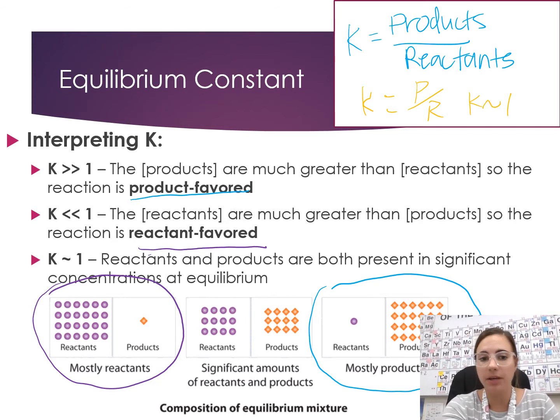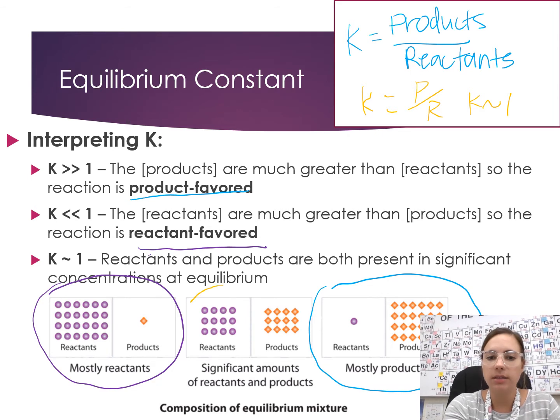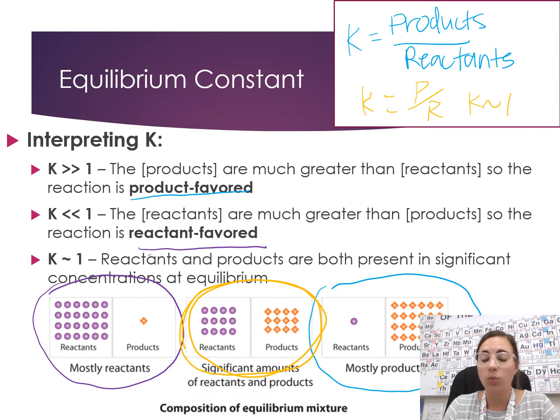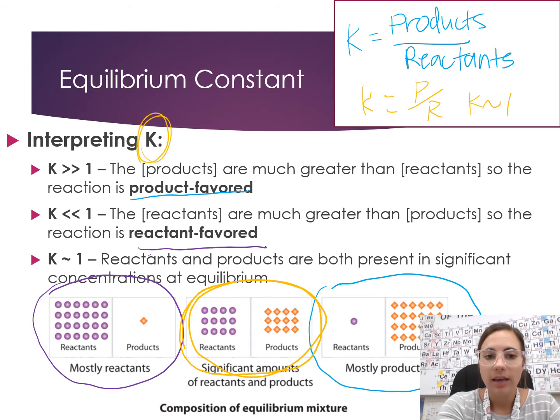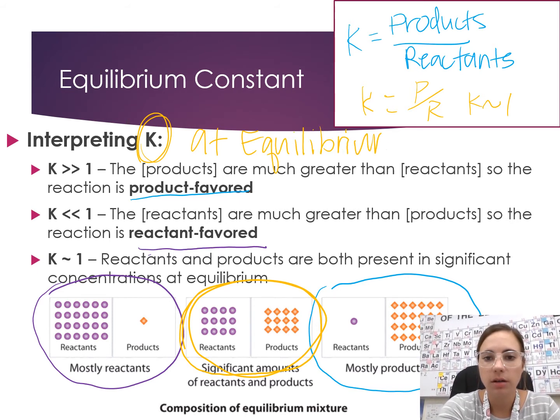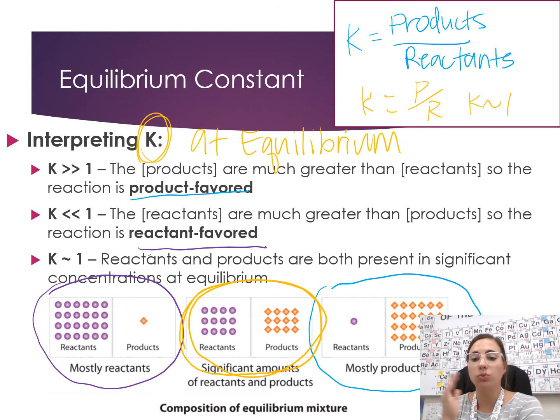And if that happens, then the reactant and product concentrations are pretty much equal once the system establishes equilibrium. It's really important to understand that K is at equilibrium. It is not at the beginning of the reaction. It only refers to once equilibrium has been established.